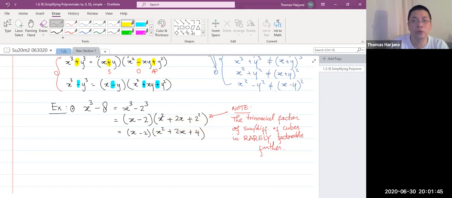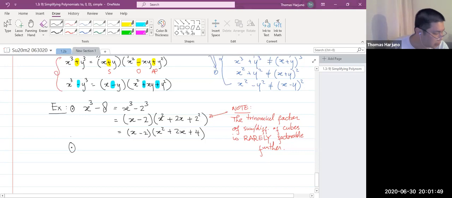Now let's do a slightly harder one before I give you a break with one example. Suppose I have, this is from the book, number 22. Factor x to the 6 minus 27y cubed.